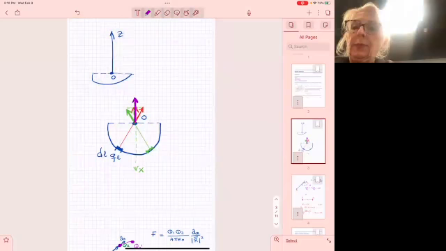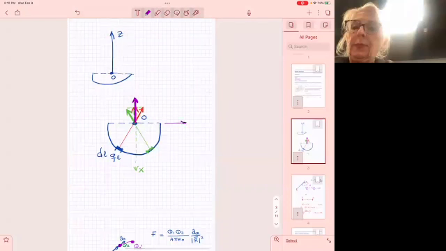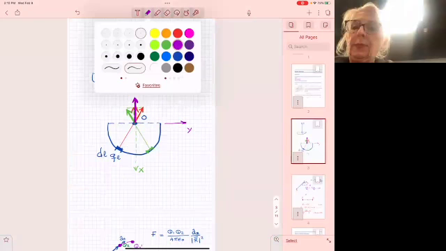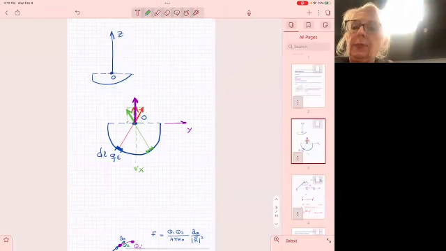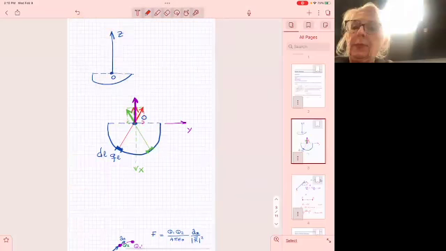What is going to happen along the Y direction? If this is the Y, what is going to happen with the Y components? They cancel out, because one of them goes down like this, the other goes down like this. So this one has one component along the negative X direction.